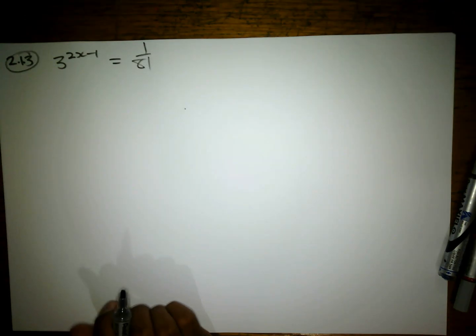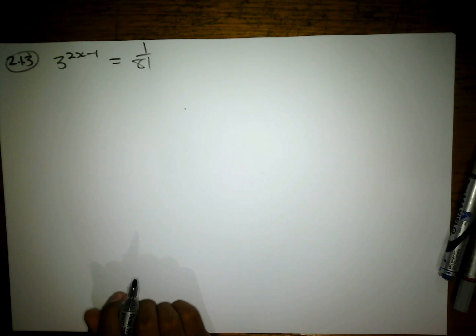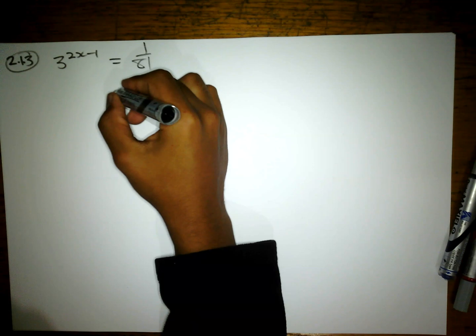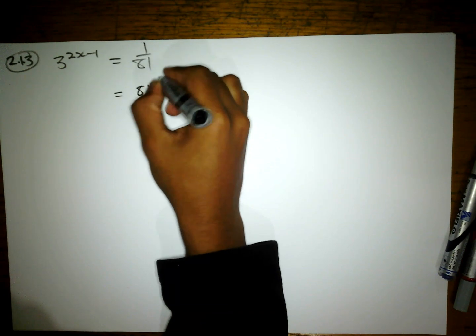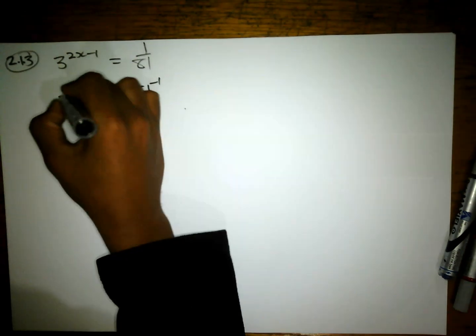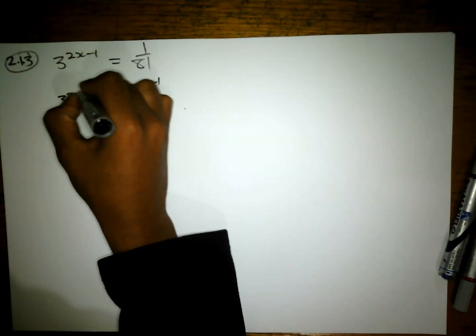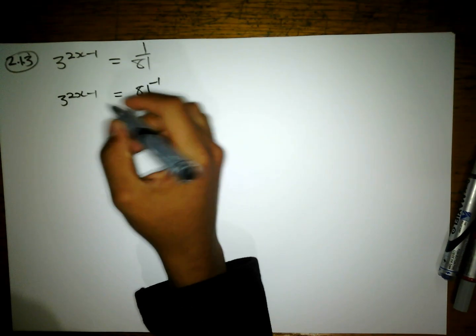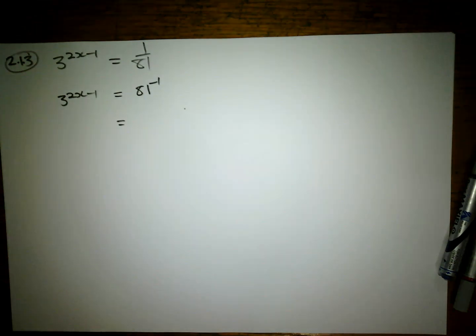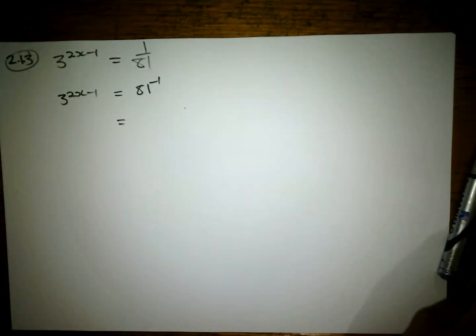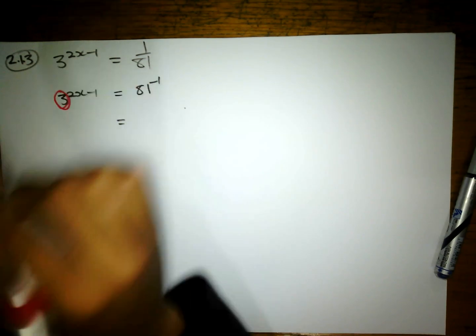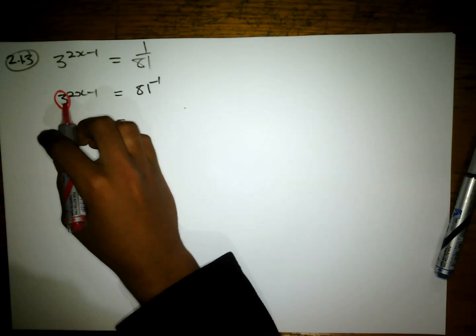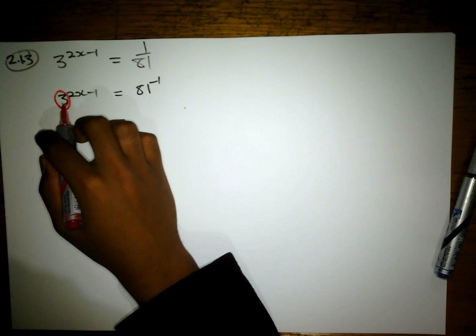So when we get this, we don't want to work with a fraction. We never want to work with a fraction. So we bring that up like that. A hint to help you simplify that 81: you know that your base is a 3 on this side.